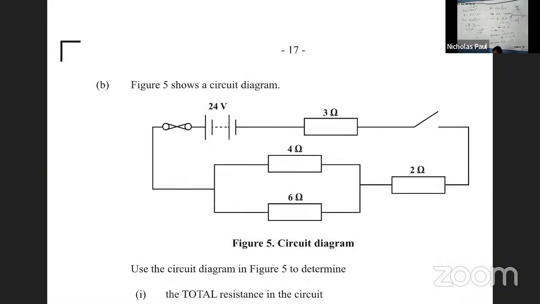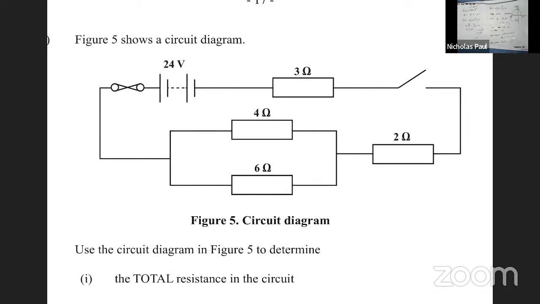Find the total resistance. What's the first thing you have to do here with the circuit? Use the formula and simplify it, right? So take these two in parallel and convert them into one.